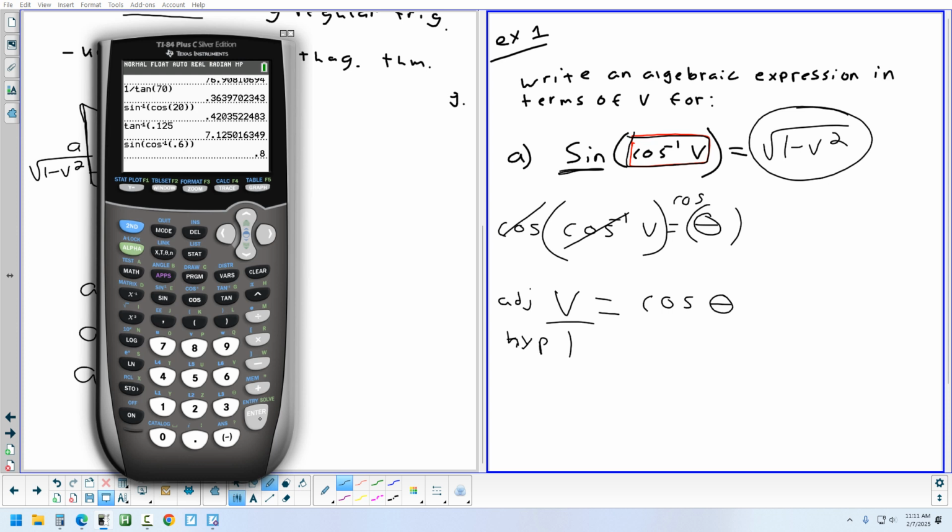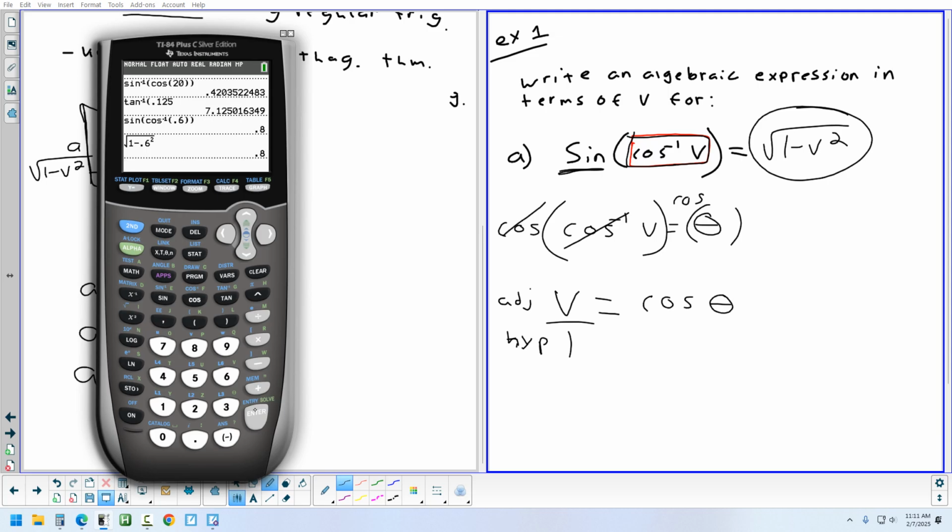That's the answer. Now, let me type in 0.6 into that other formula, and if we did it right, that formula on the right should give me the exact same thing. Let's do the square root of 1 minus 0.6 squared. 0.8. Exactly the same thing.